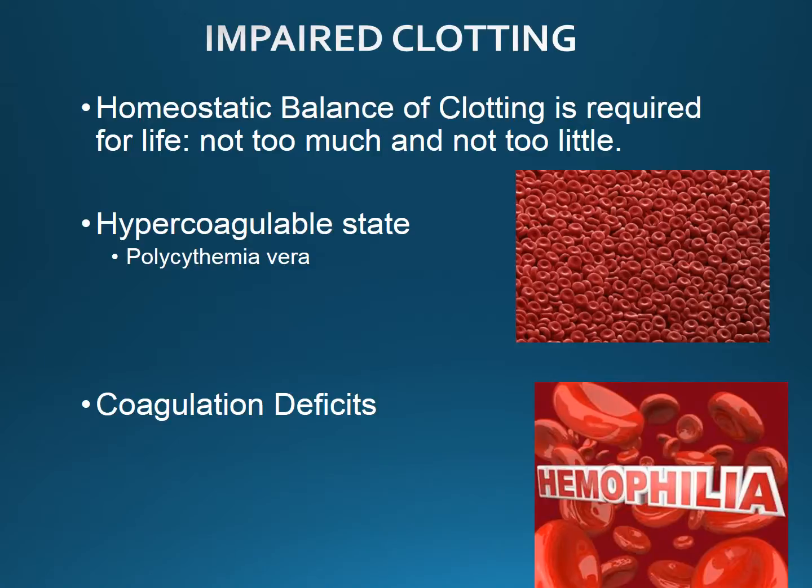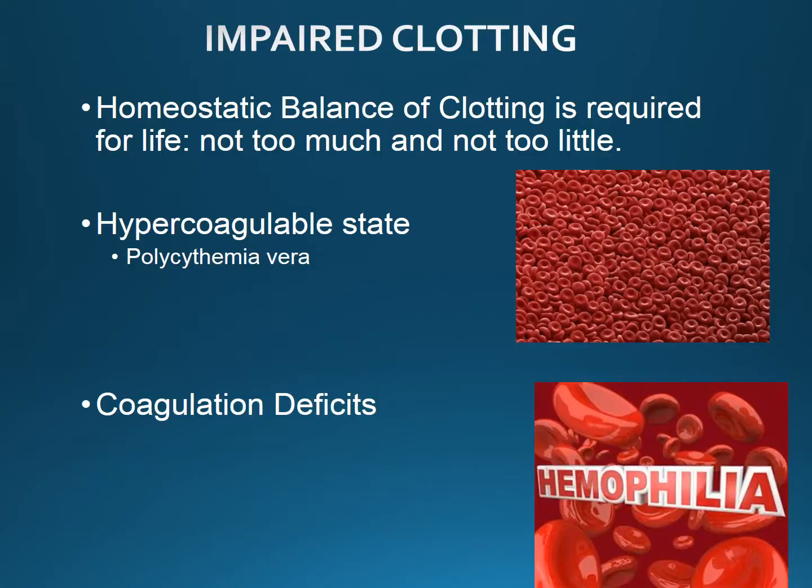A clot inside a blood vessel is called a thrombus when it is lodged, and an embolus if it becomes dislodged and begins to flow through the vasculature. Coagulation deficits occur when there is a deviation from or an interruption of the normal coagulation properties of the blood.